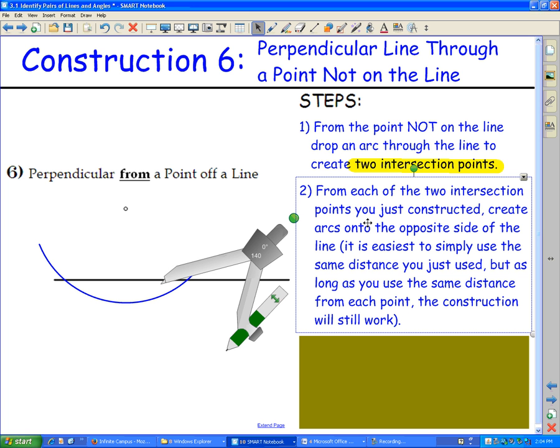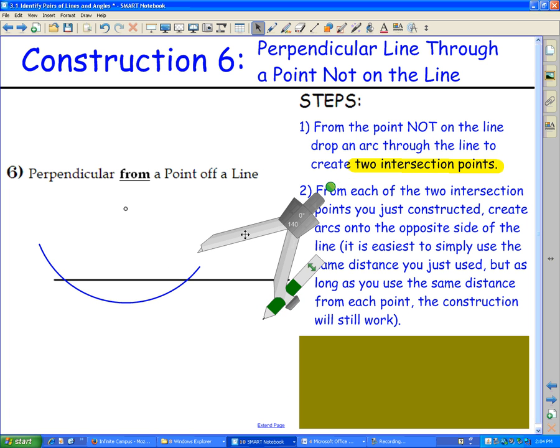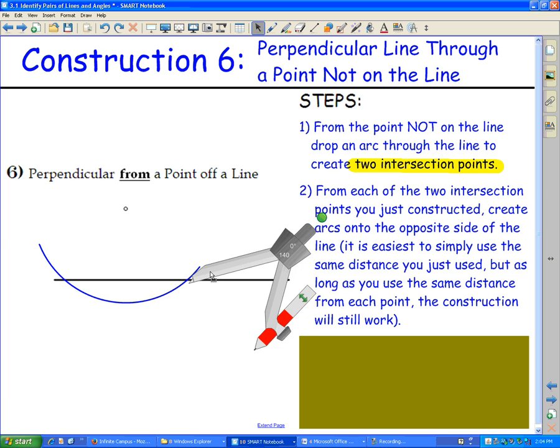You could use a different distance, but you have to make sure that from each of those two intersection points, you are using the same distance, and that the distance is long enough to reach. I'm just going to use the same distance, like the directions suggest, which is pretty easy to do.